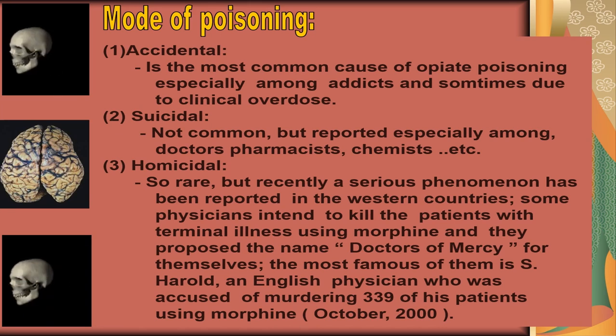Homicidal is a very rare condition, but recently a serious phenomenon arose in Western countries where groups of doctors gathered and intended to terminate their patients with terminal illness according to their patients' will, just to relieve their pain. This is not accepted legally or religiously.